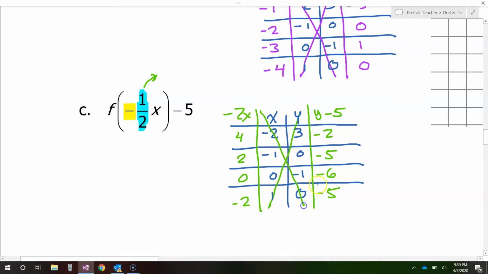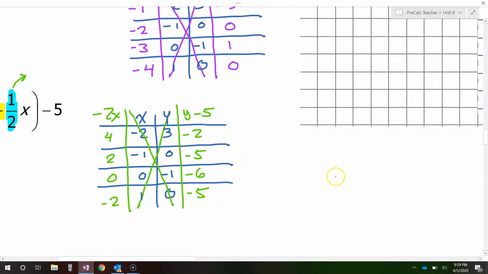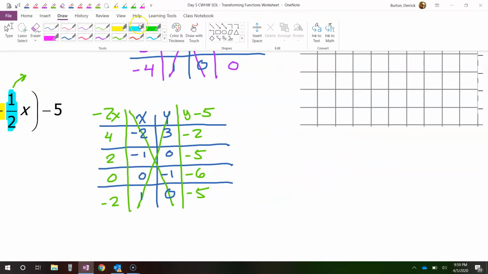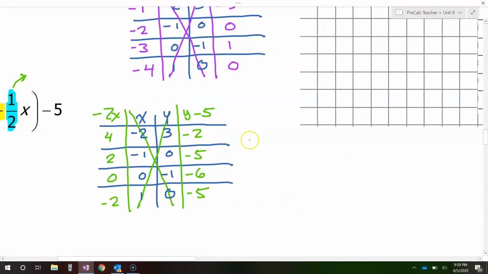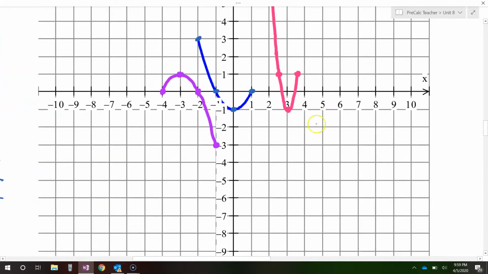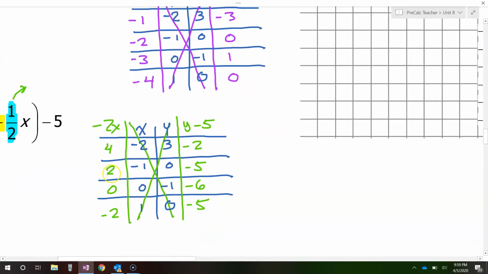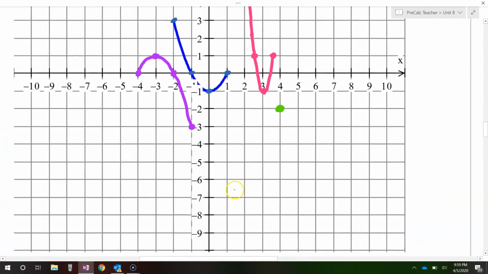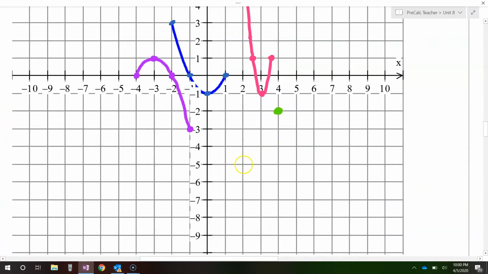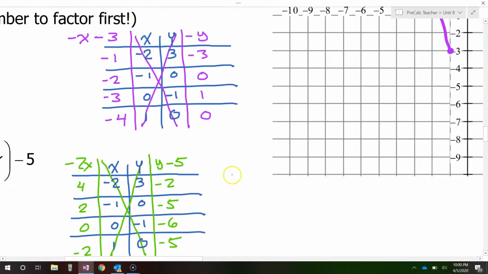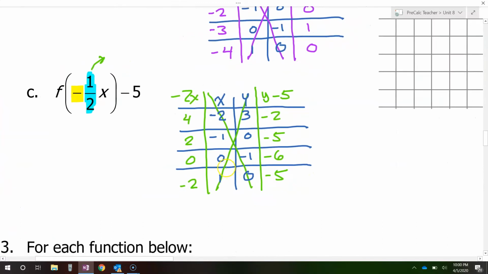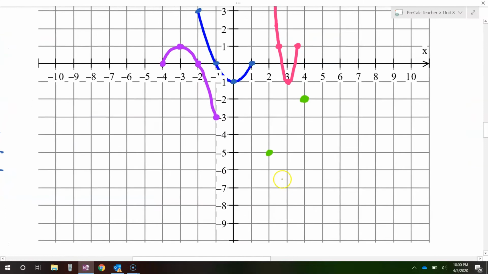Now we have our new x values and y values. We are ready to graph. 4 comma negative 2 is right here. And then we have 2 comma negative 5, which is going to be right here. Okay, and 0, negative 6, which is right here.